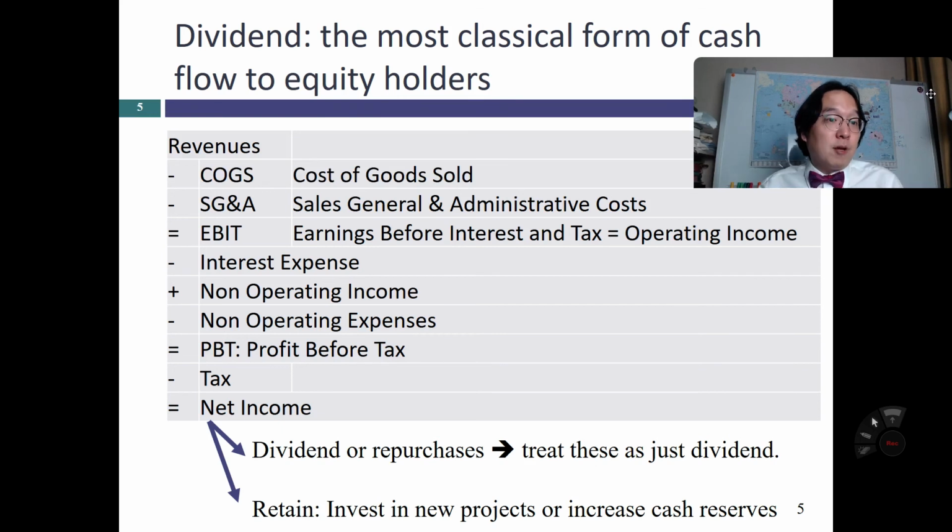So starting from revenues, we typically subtract cost of goods sold and SG&A, sales, general, and administrative cost. Then we get earnings before interest and tax, which is called EBIT or operating income, whichever way you call it. This is the income that you get by doing your day-to-day, real business.